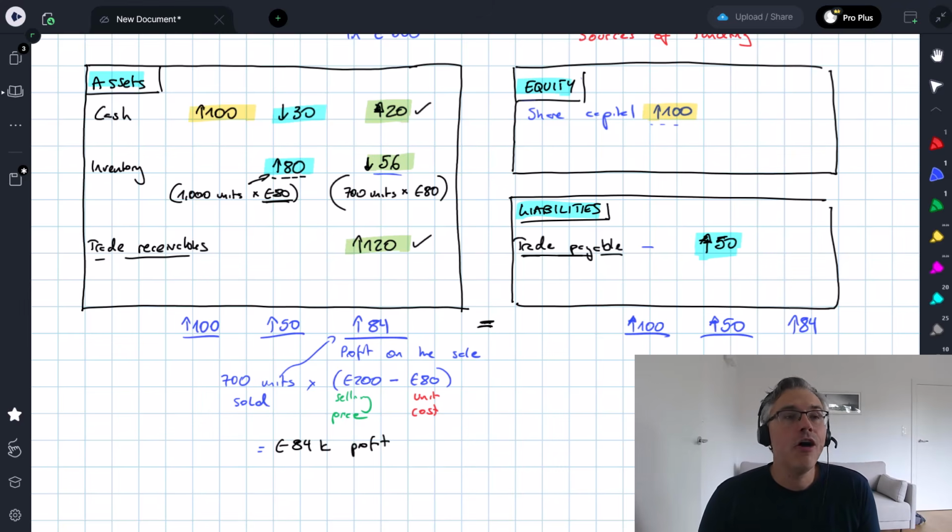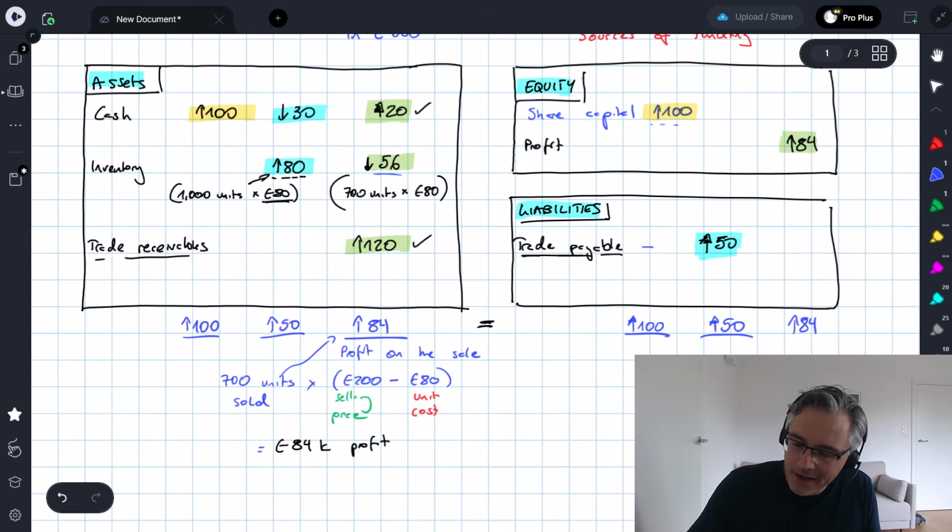In other words, the owners of the business, the equity investors, decide on what to do with the profit. And that's why that profit increases the amount of equity in the business. So let me say profit over here and give it 84.